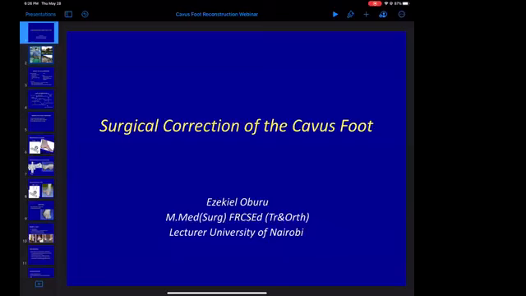Okay, then I think probably the last question. This is stemming from the last two or three talks we've had. You've mentioned that a cavovarus foot is not the same as a clubfoot. Maybe just highlight the differences for this participant, please. Sometimes when we talk about a cavovarus foot, they include everything, and sometimes clubfoot may be included, but clubfoot is congenital.